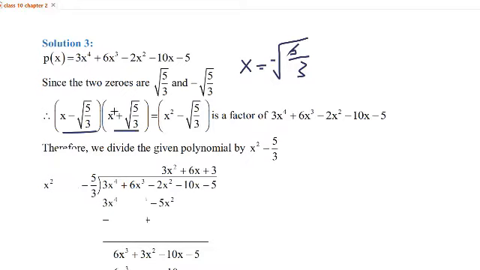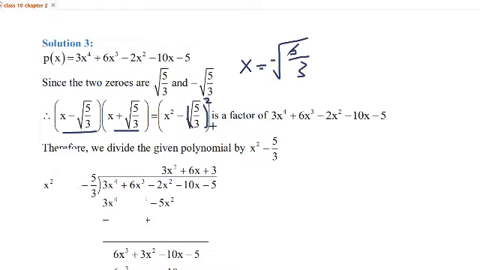On multiplying these two factors, I'll get a new polynomial, and that will be a factor as well. So a minus b into a plus b is a square minus b square. You can see a means x here, so a square means x square, minus b square, the square of root 5 by 3, which is 5 by 3.